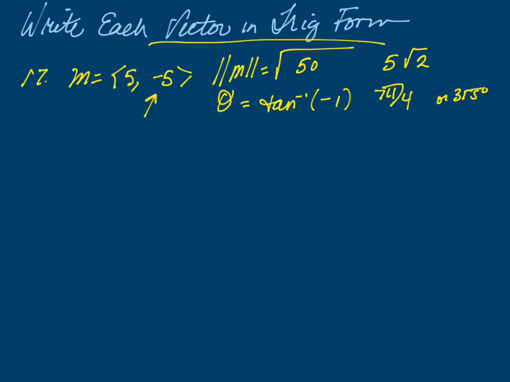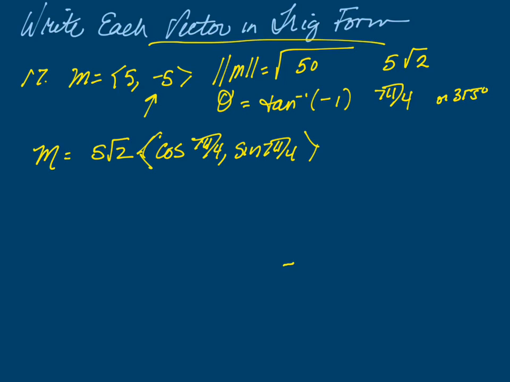So we would have that m is equal to, let's just use the factored out version, 5 square root of 2 times cosine of 7 pi over 4, sine of 7 pi over 4. Don't forget to make your things look like you're supposed to. All right, okay, 18. I'll just start on a nice new page.